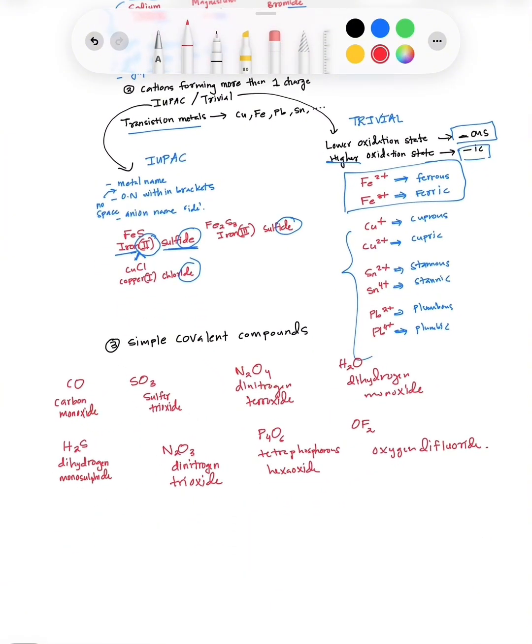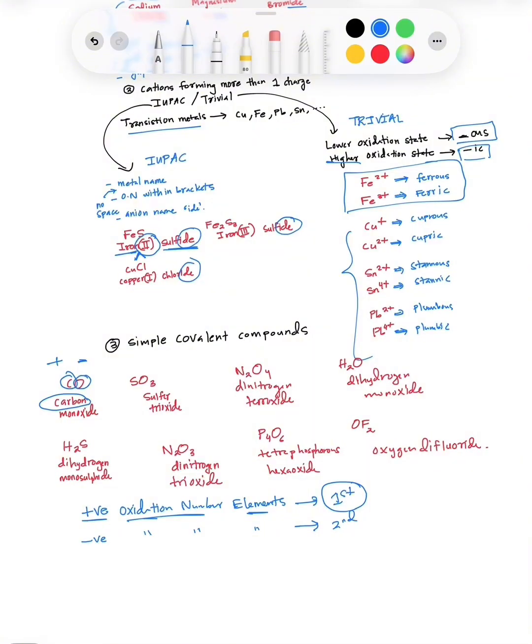Okay, so this is how we name the simple covalent compounds, and the rules for naming them: the positive oxidation number element comes first. Now see here, out of carbon and oxygen, carbon is positive, oxygen is negative, right? So the positive oxidation number element comes first, and the negative oxidation number element comes second. That's the first and the second rule.